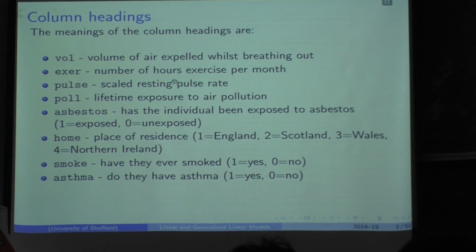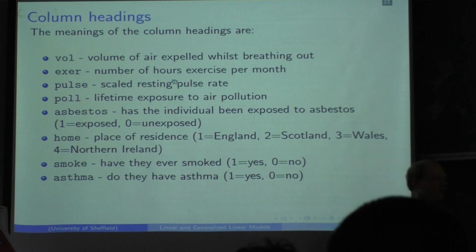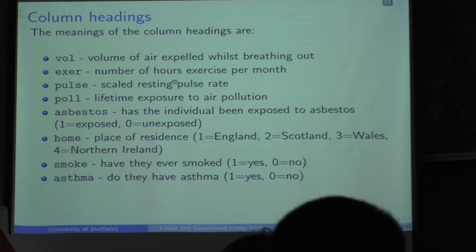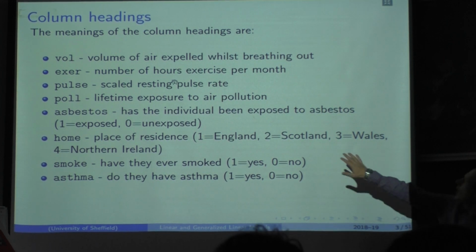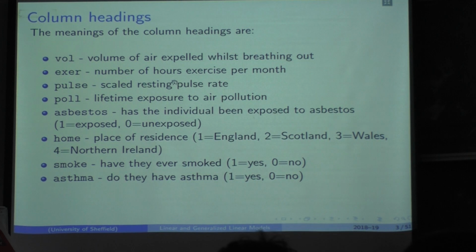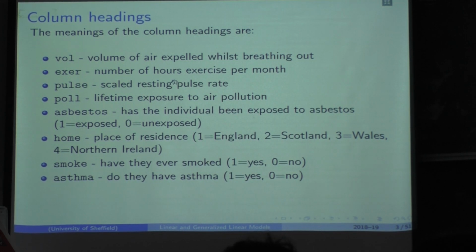Asthma: 1 is yes, they do have asthma, 0 is that they don't. And home is probably the most opaque of them all when you first see the table. The numbers correspond to the different parts of the UK, so 1 is England and so on. So home is place of residence.